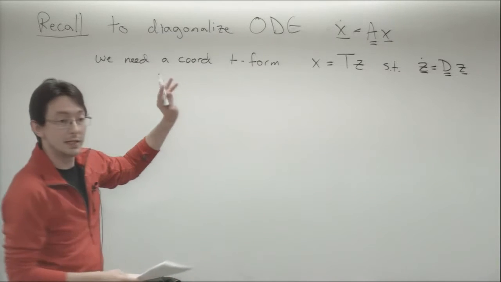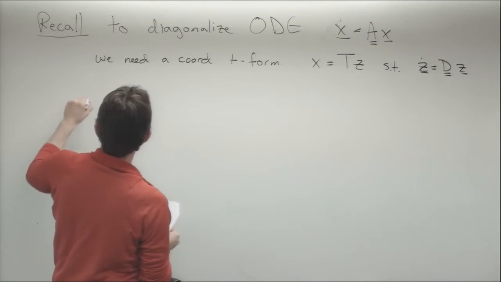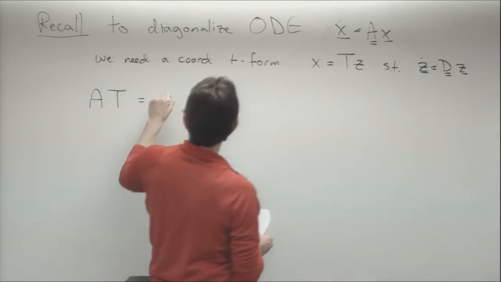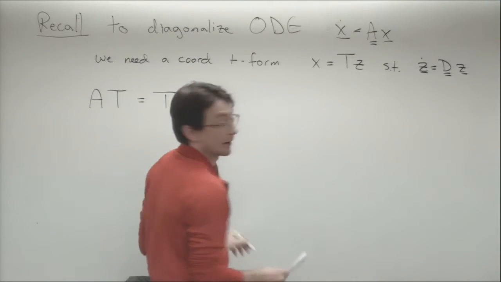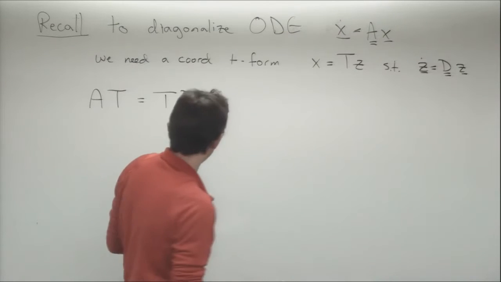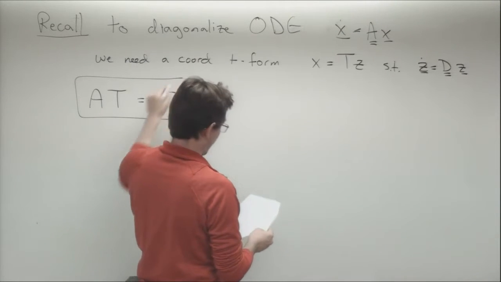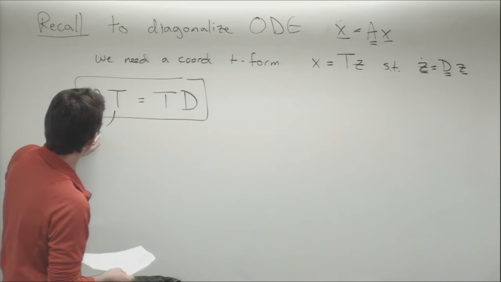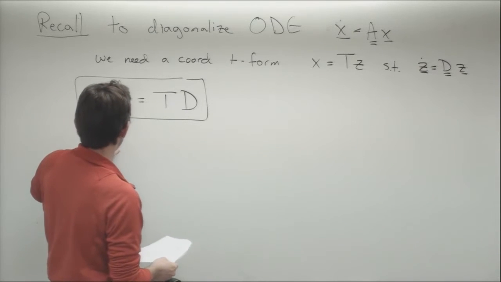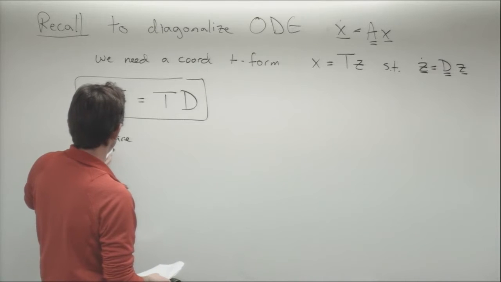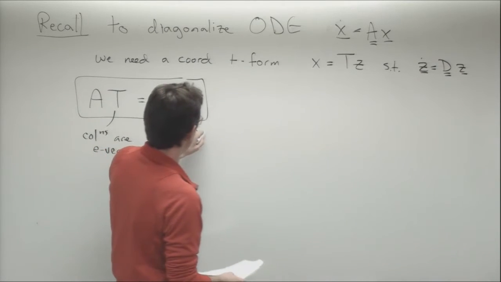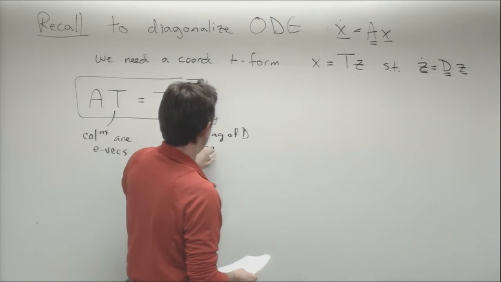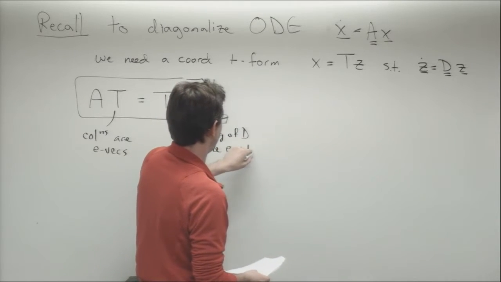And so the T that we're looking for satisfies A times T equals T times some diagonal matrix D. And remember that this is my eigenvalue equation. So the columns of T are eigenvectors, and the diagonal entries of D are eigenvalues.